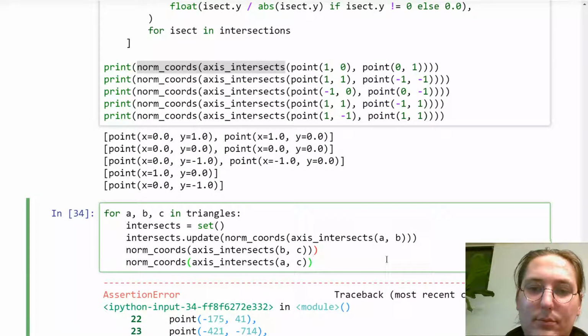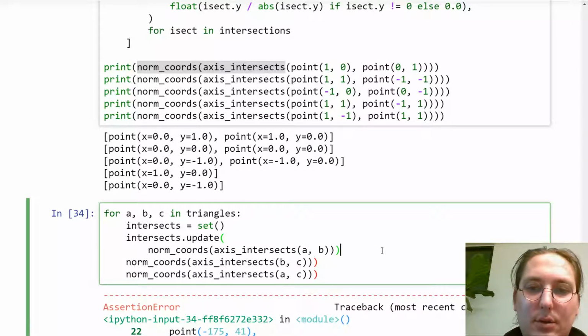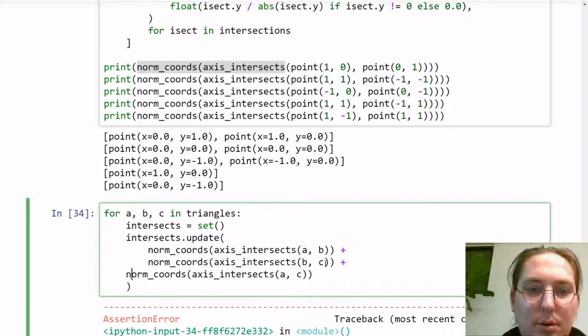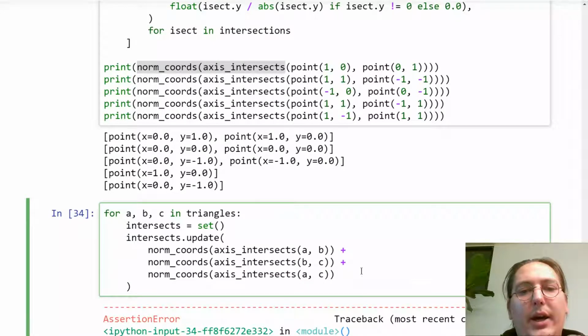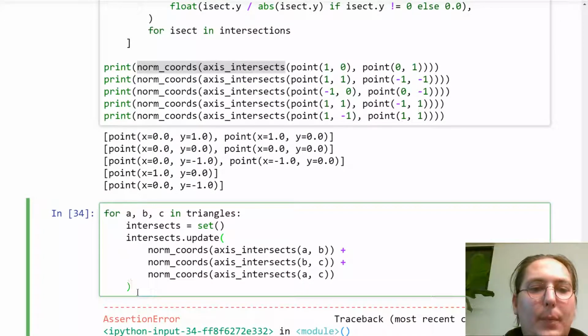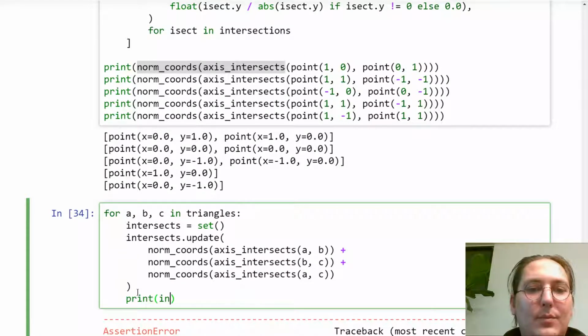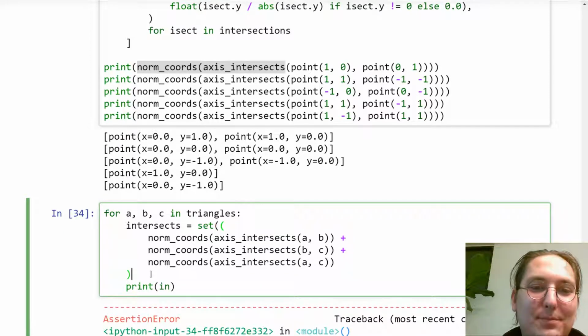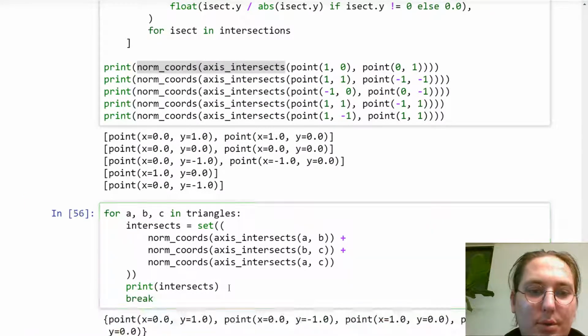Is it add or update? I guess I can do plus, can't I? No. They're all lists. And you don't have to do update. Don't care. So we get the intersects, and let's just break after the first one.